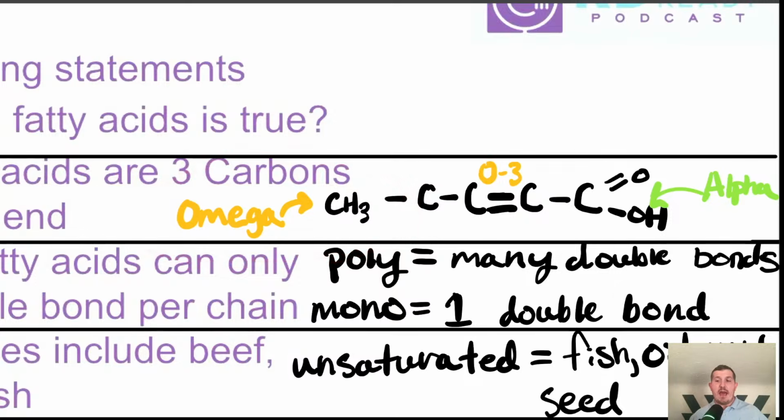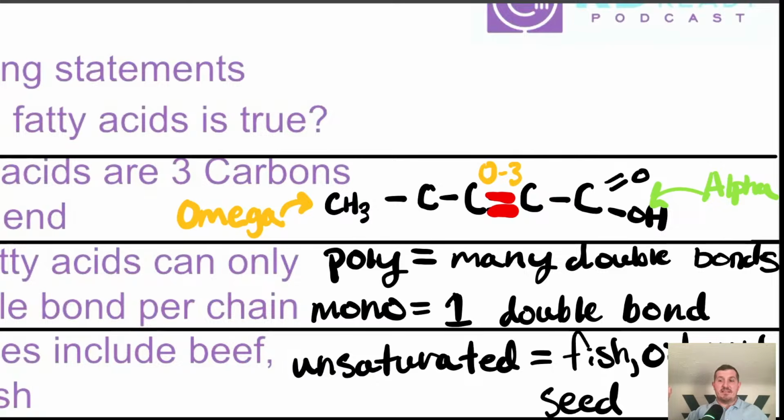Whenever you're counting a different amount of omega-3, omega-6, what you're doing is you're counting how many carbons, and then that's where your double bond is. So look in this case, 1 carbon, 2 carbons, 3 carbons, and then my double bond. Do you see that?